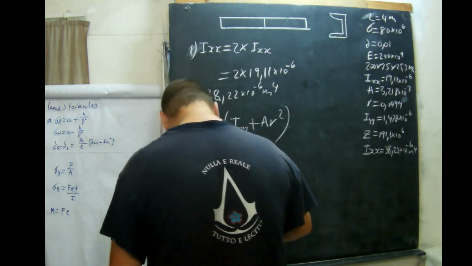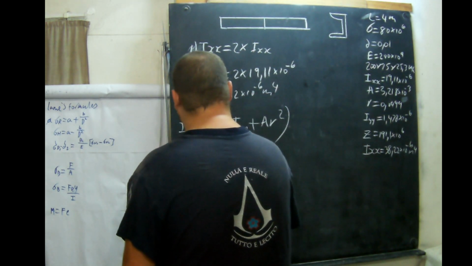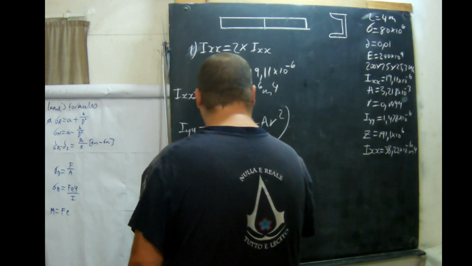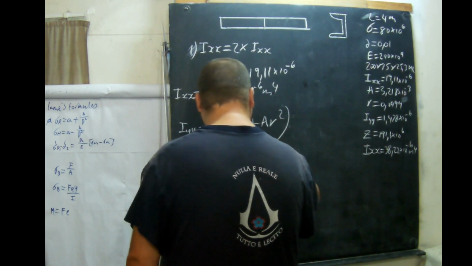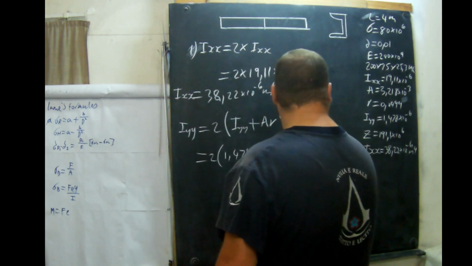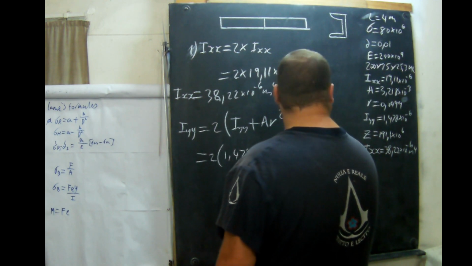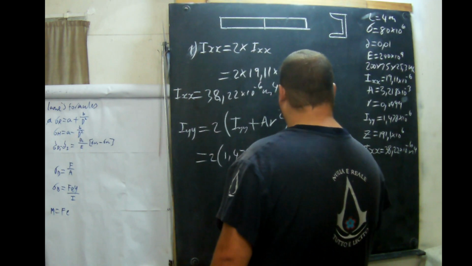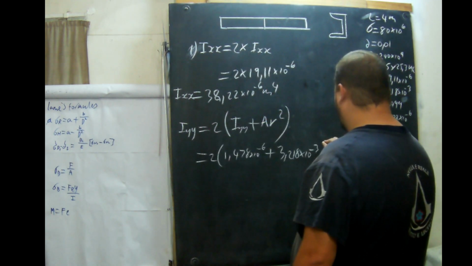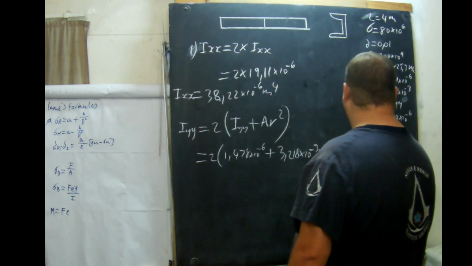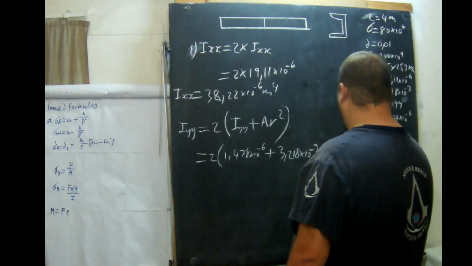So now what we're going to do is say 2 times 1,478 times 10 to the minus 6 plus A, 3,218 times 10 to the minus 3 times r, 0,0499 squared.